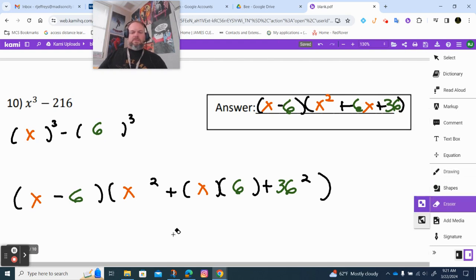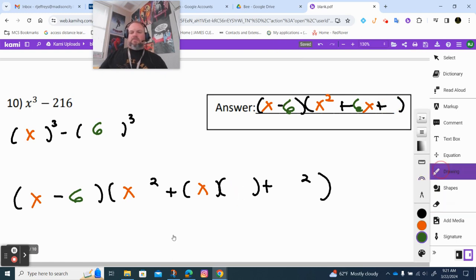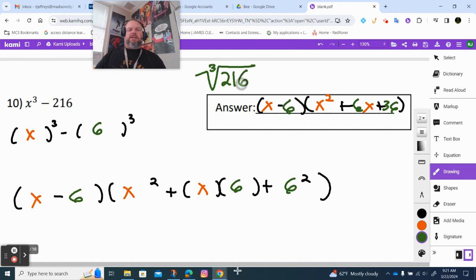Oh, well, 16. Why did I say 36? Nope, I was right. 6, 36. Yeah. The cube root of 216.